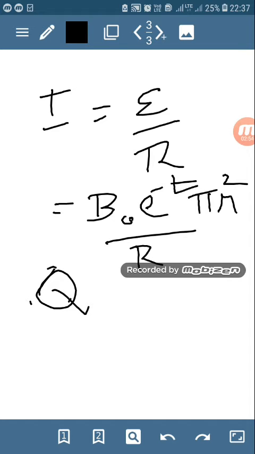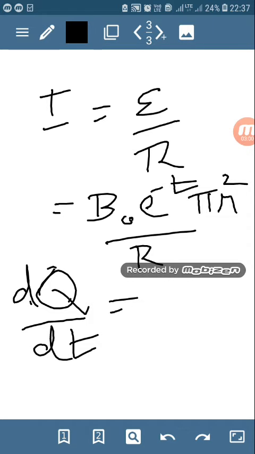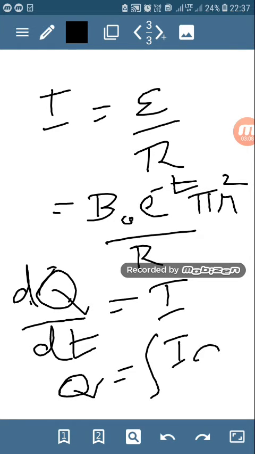We know the relation between Q and I: the rate of change of charge with respect to time is the current. So we can write Q as the integration of I with respect to time, with limits from 0 to infinity.